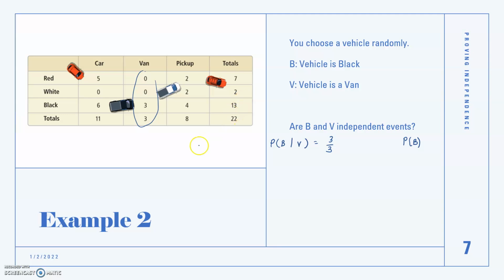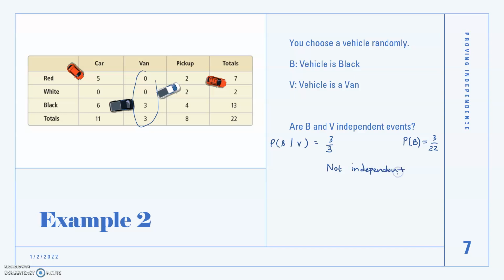But the probability of black would be 3 out of 22. These two fractions are not equivalent, so they are not independent events.